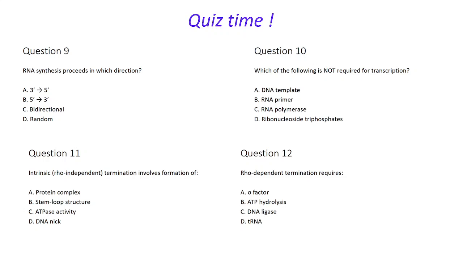B, RNA primer, yes. So transcription requires a DNA template, RNA polymerase, and the NTPs as the building blocks. Unlike DNA replication, transcription does not require an RNA primer for the initiation of the synthesis.